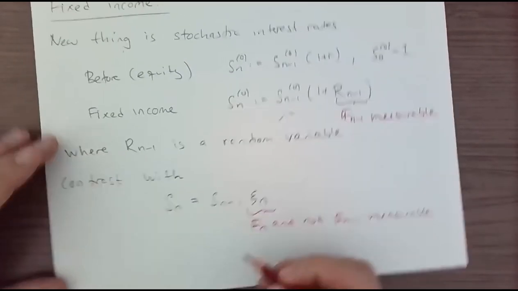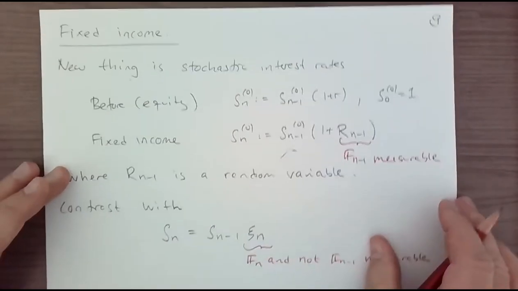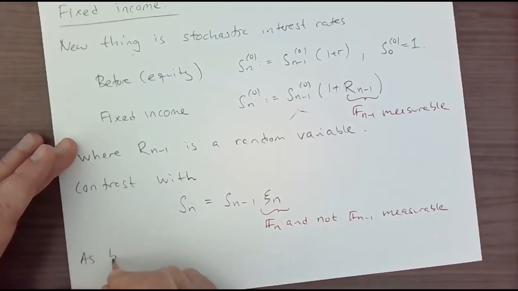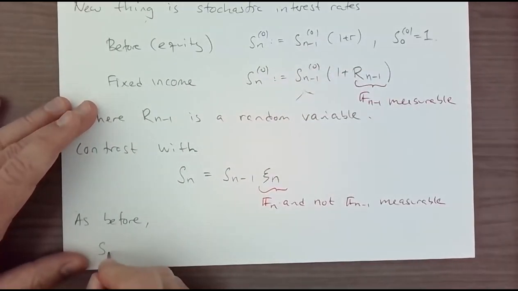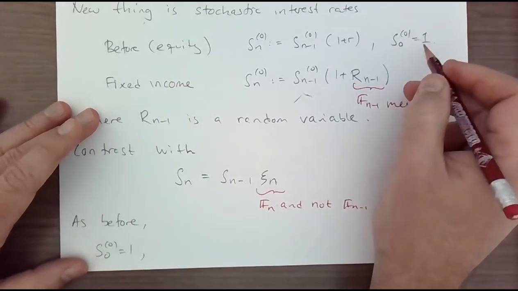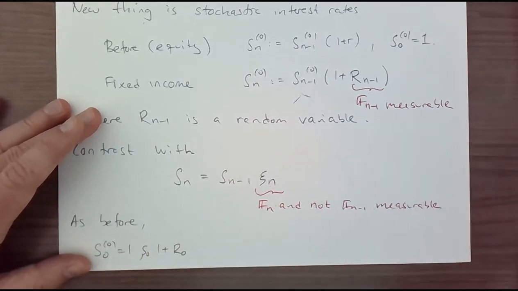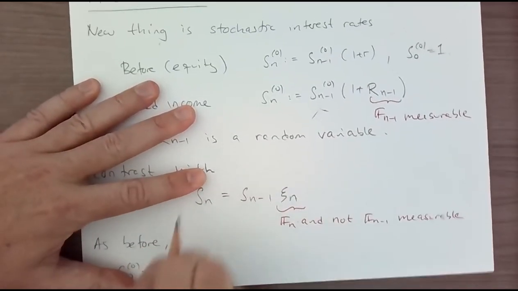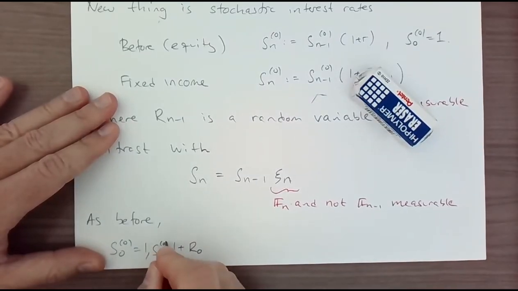And of course, as before, we can solve this recursion here. So as before, we can say that the money market account starts out at 1. Then it moves on to becoming 1 plus R0. This is S0. This is the value of the bank at time 1.